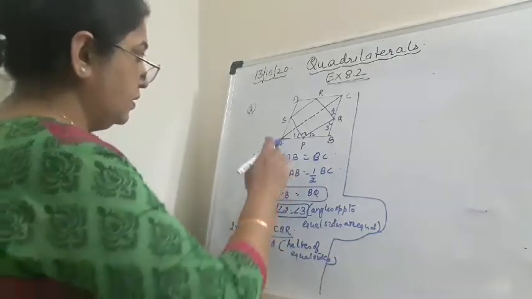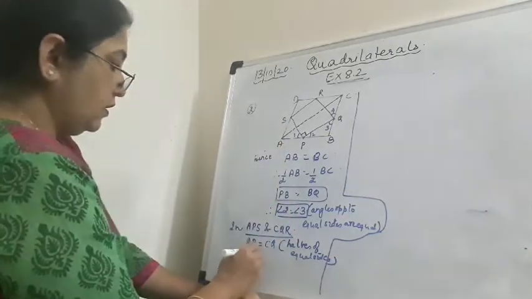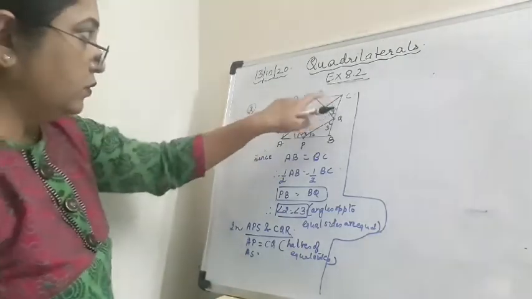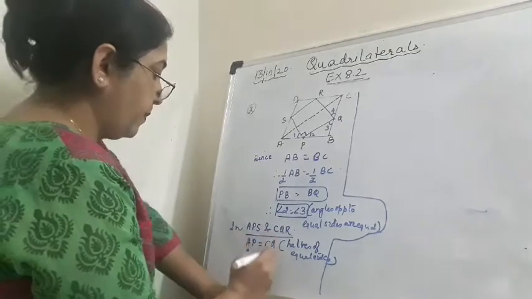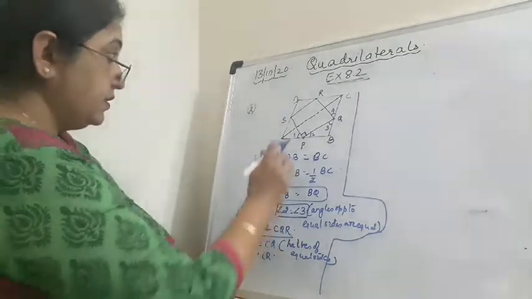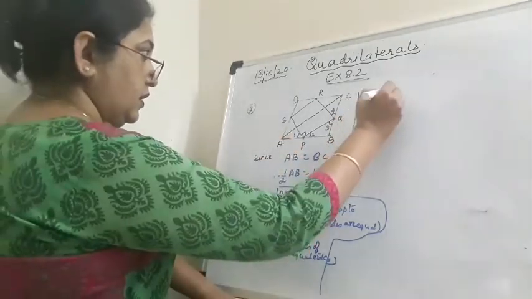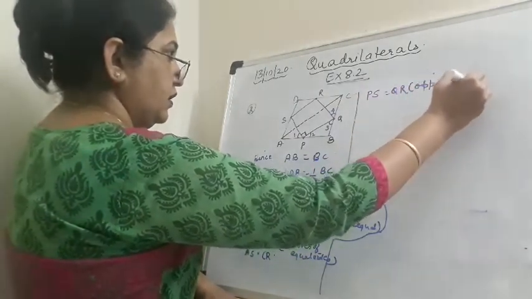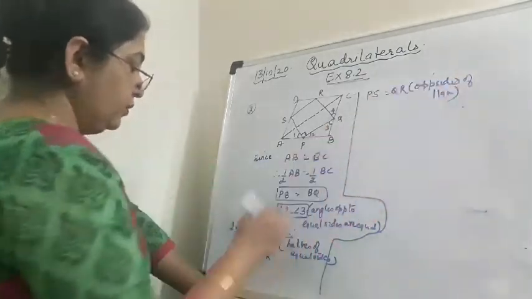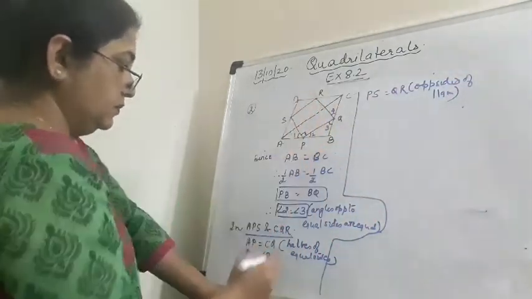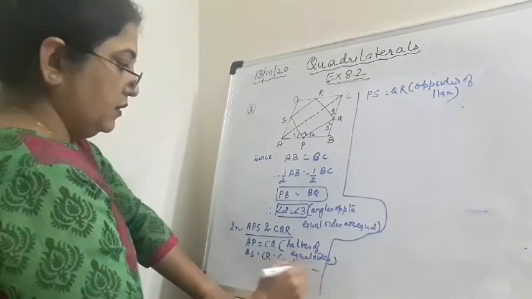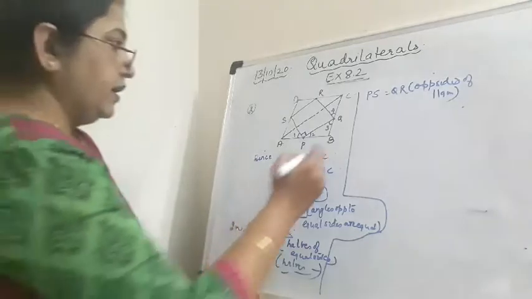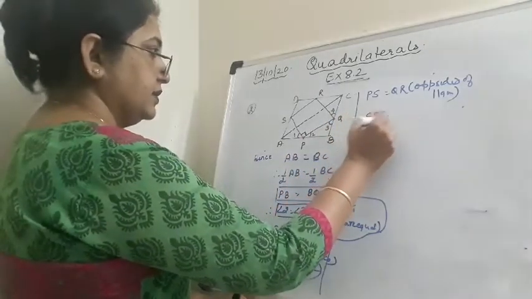Then AS is equal to CR and PS is equal to QR, opposite sides of parallelogram. And why do we write AS is equal to CR? Again, halves of the equal sides, because all the 4 sides are equal, so the halves will be equal. Now triangles are congruent by SSS.